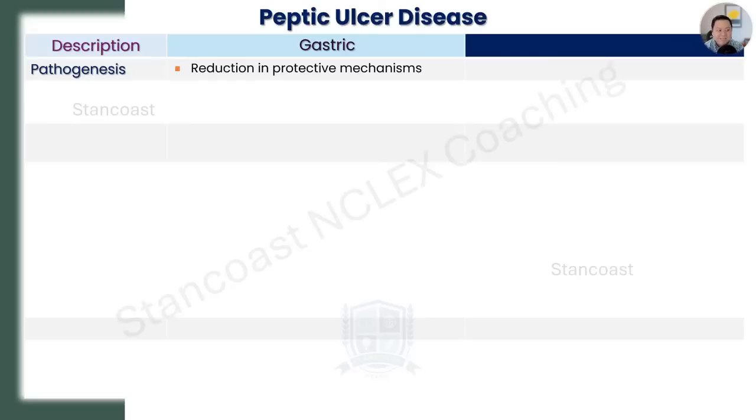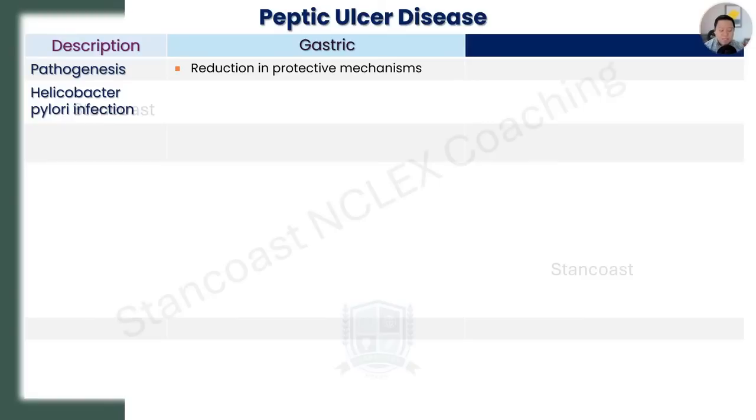And again, as I have said, the pathogenesis of the gastric ulcer is basically the deficiency in the mucosal defense mechanism. Okay, now as far as the Helicobacter pylori infection, it is a common occurrence in the gastric type of peptic ulcer disease, with the mechanism leading to the ulceration involving both direct damage from the bacteria and possibly an altered immune response.